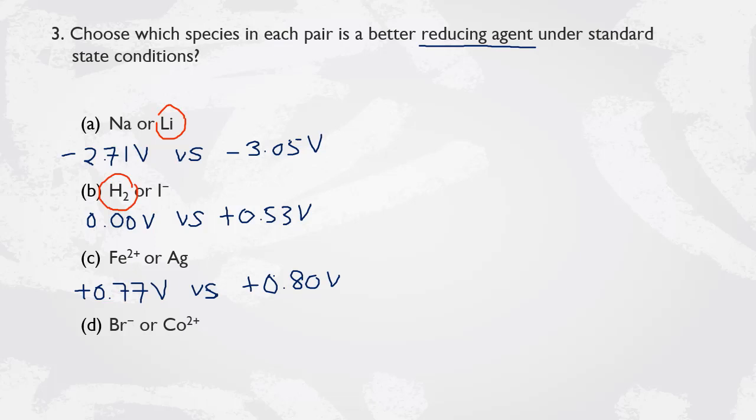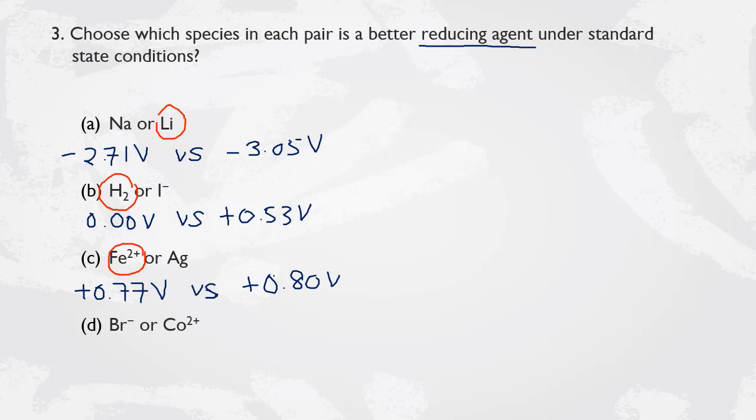So 0.77 and 0.80. The more negative value is Fe2+ because 0.77 is less than 0.80. They do not necessarily have to have a negative sign on it. As long as they have a lower value than the other one, they are considered to be more negative.